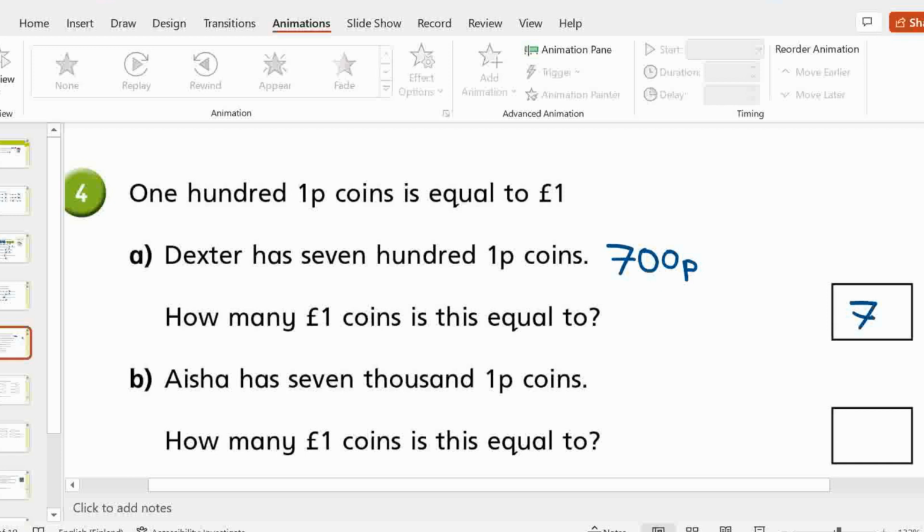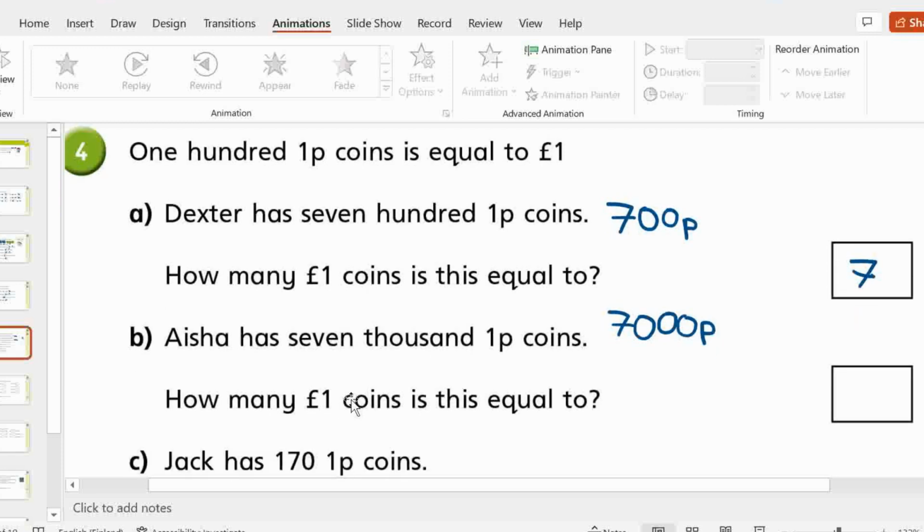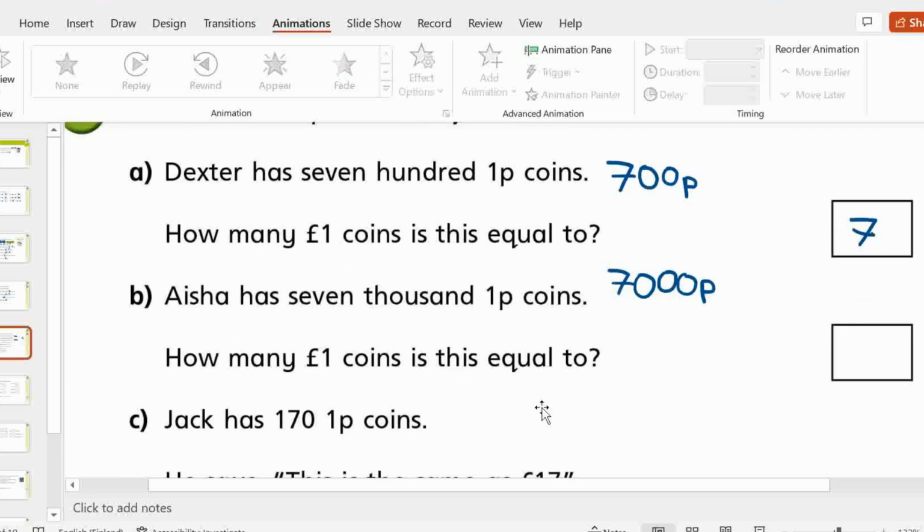Aisha has 7,000p, that's a lot of coins. How many £1 coins is this equal to? 70. Yeah, that's right. But again, you're dividing by 100 really. So 700 divided by 100 equals 7. 7,000 divided by 100 equals 70.